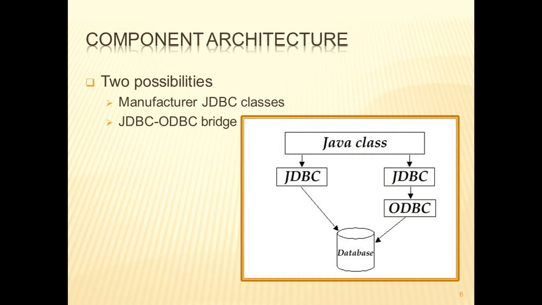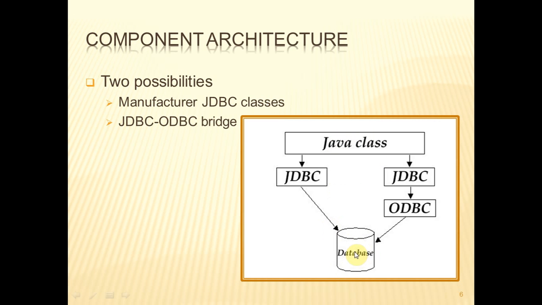Now, when it comes to connecting to the database, we need to understand a little bit about the components that we're using. First of all, we have our database, and we have our Java class. And there are 2 routes of making the connection.